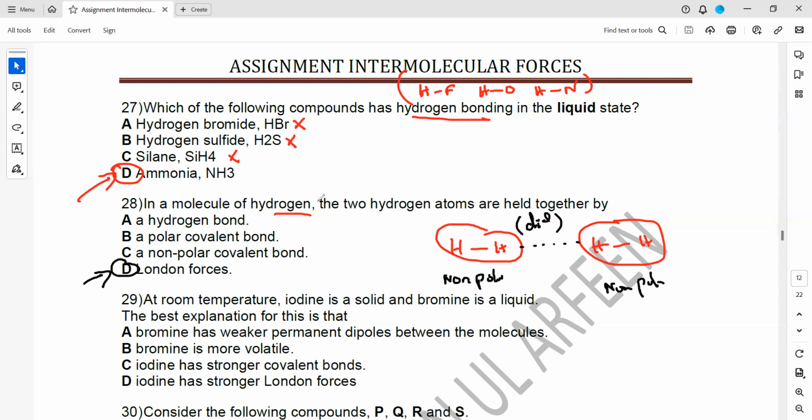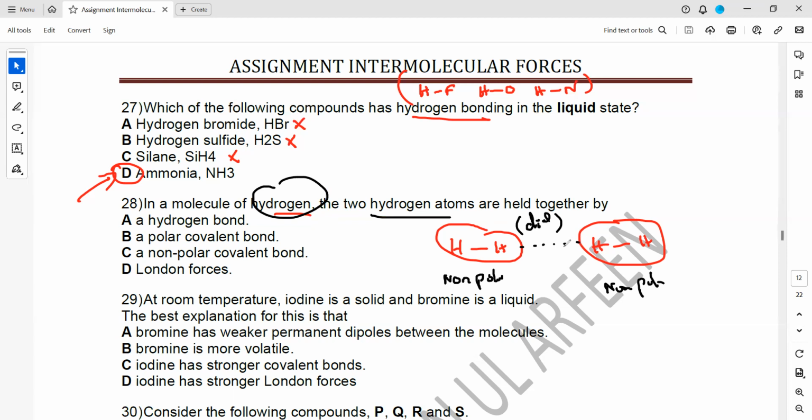But the question is, in a molecule of hydrogen. This is a force between the molecules, but they ask in a molecule of hydrogen. So they ask for intramolecular. Sorry, I thought the question was about intermolecular, but it's intramolecular.